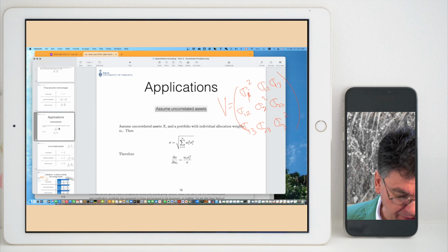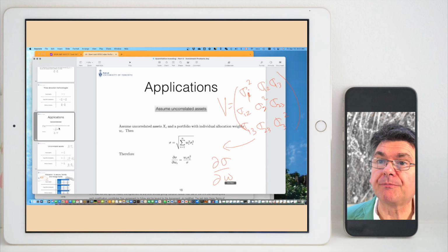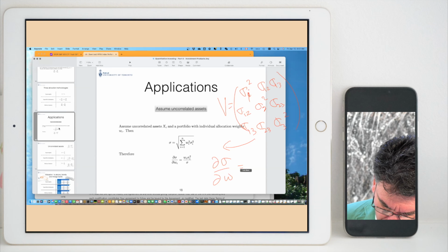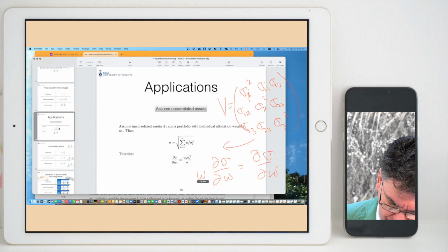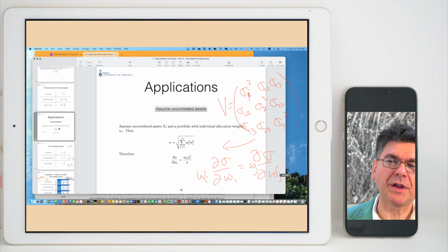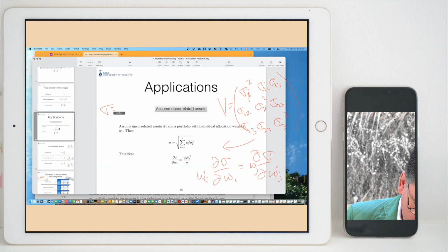Now, with the covariance matrix, you're going to calculate this sigma by the W, and you're going to be solving the system of equations, which is either these ones for the minimum risk or these ones for the equal risk contributions, where this is V and sigma is the sum of all of these numbers.